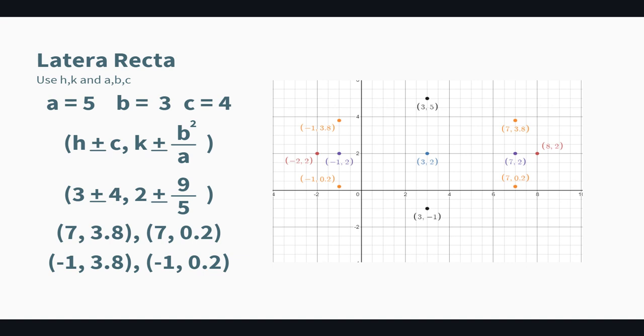The value of 9 over 5 is also equal to 1.8. So 3 plus 4 is 7, and 3 minus 4 is negative 1, while 2 plus 1.8 is 3.8, and 2 minus 1.8 is 0.2, which gives us the coordinates (7, 3.8), (7, 0.2), (-1, 3.8), (-1, 0.2).